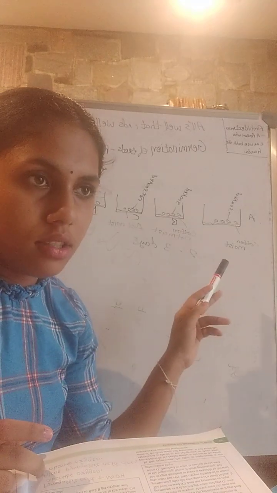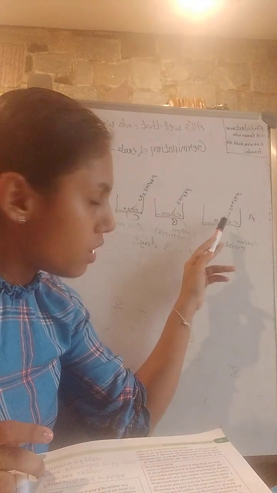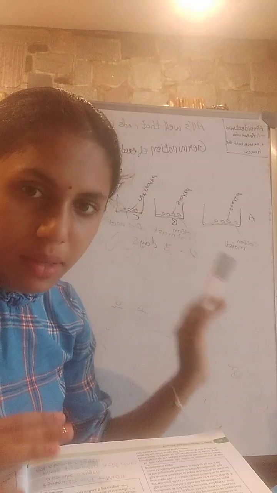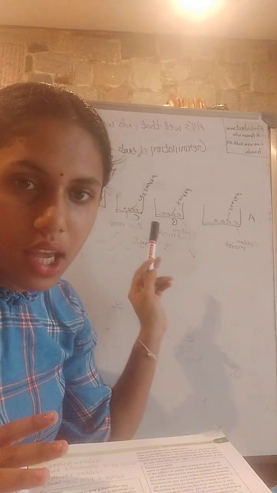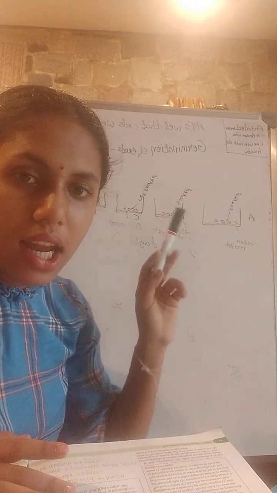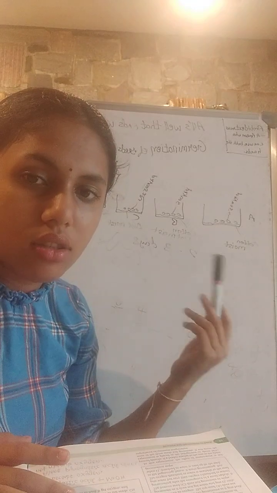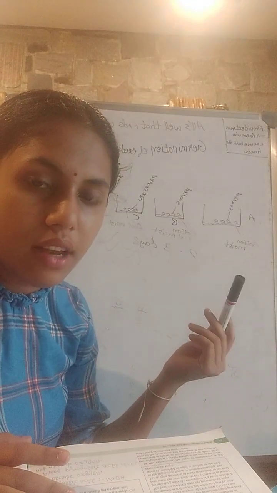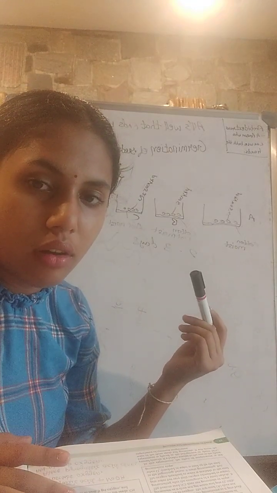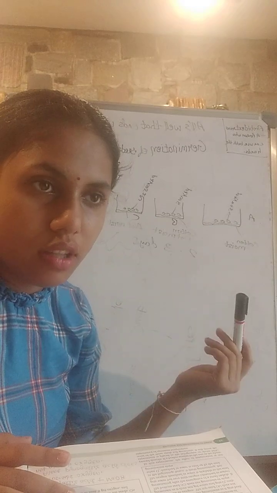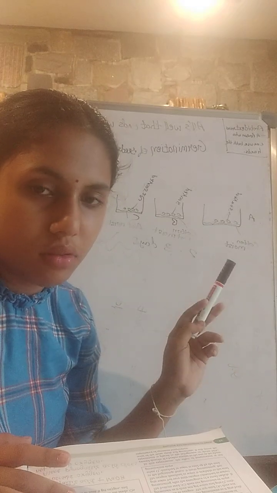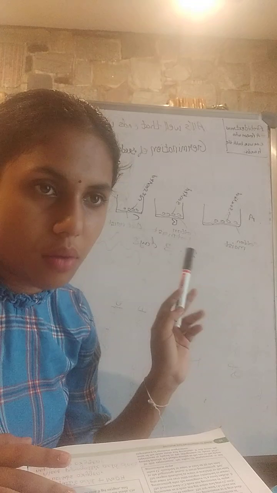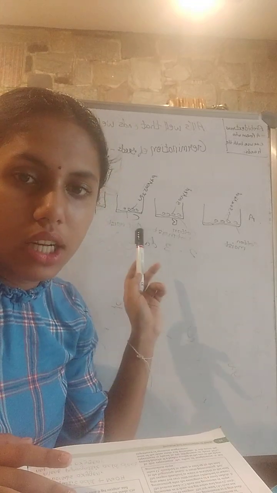That the seed has germinated properly. And in B, it starts to germinate, but then it stops in between. I'll tell you the reason why.